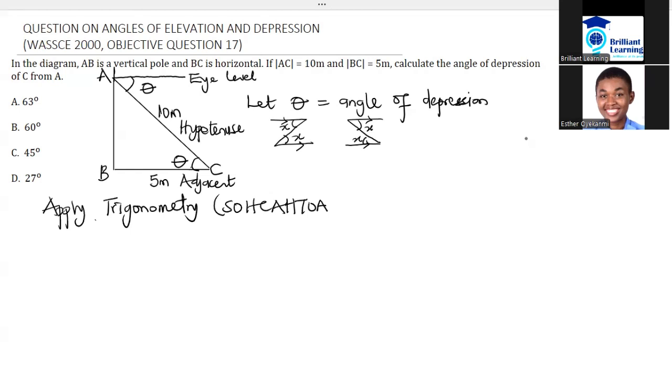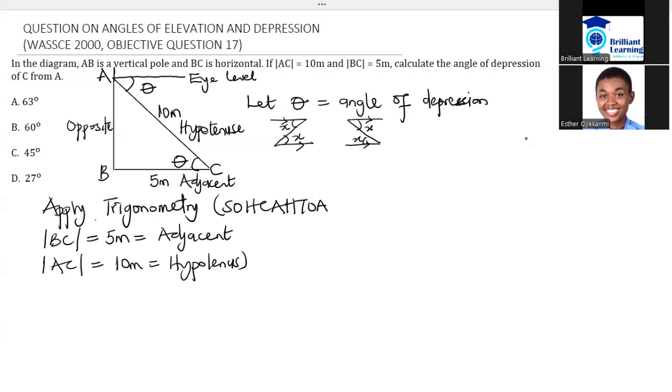And line AB is the one directly opposite the angle, so this is the opposite. Is that okay? Now, we are only given line BC, which is 5 meters. Line BC is 5 meters, and remember that it is the adjacent.